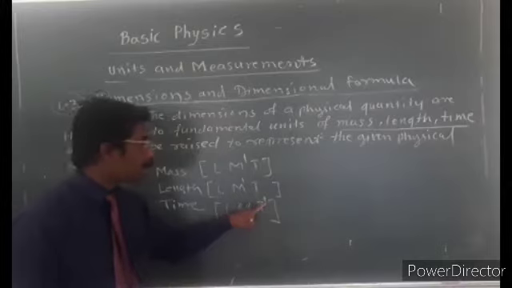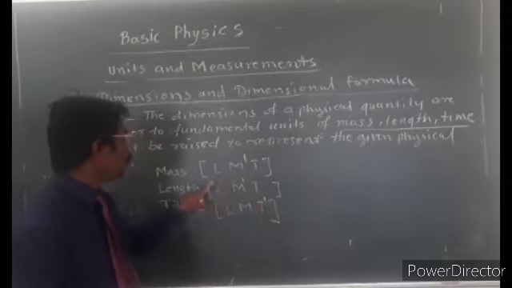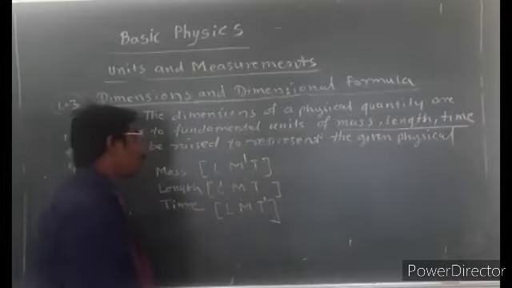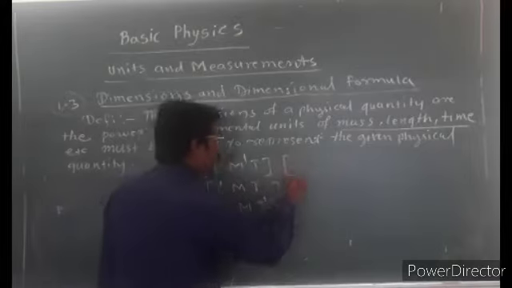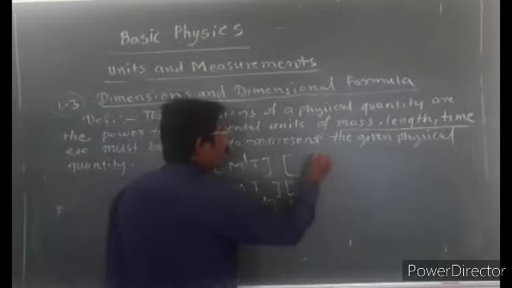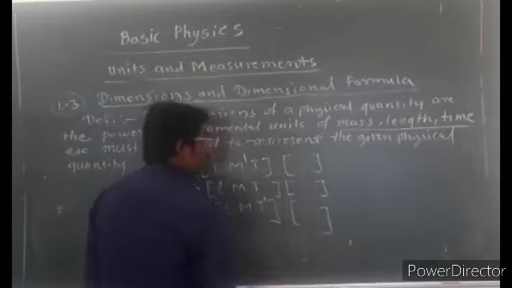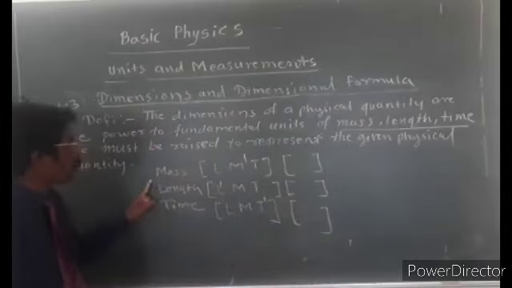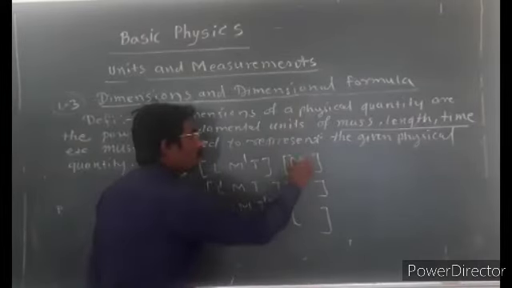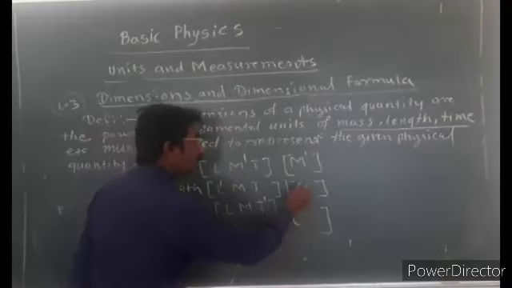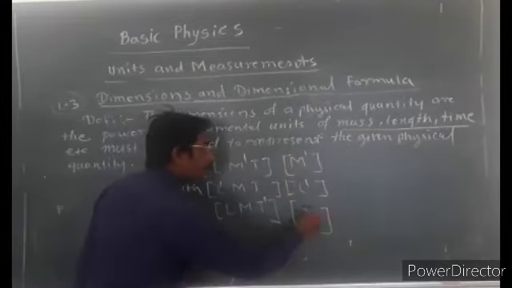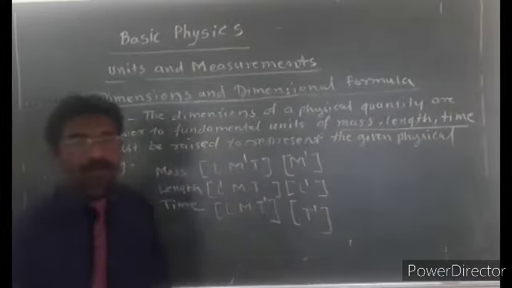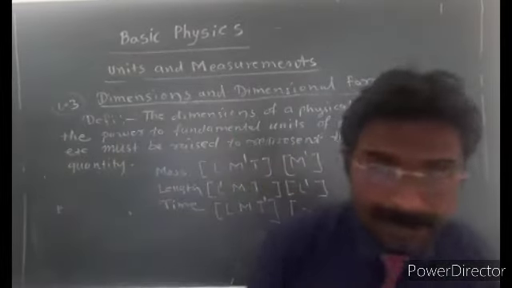So the power of T is 1, the power of M is 1 for mass, the power of L is 1 for length. Anybody can understand this when we sort it out. For mass, M1. For length, L1. For time, T1. So this is all about the fundamental physical quantities.